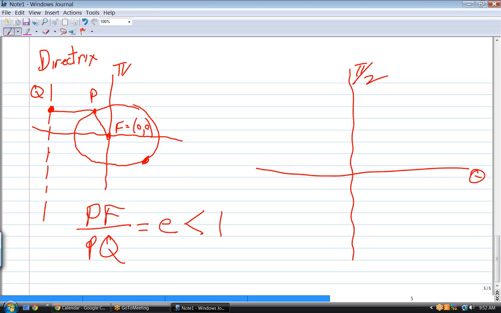Remember, we're on the polar definitions of these conic sections, so we need a polar grid. And let's see. I want the focus of the hyperbola to be there.